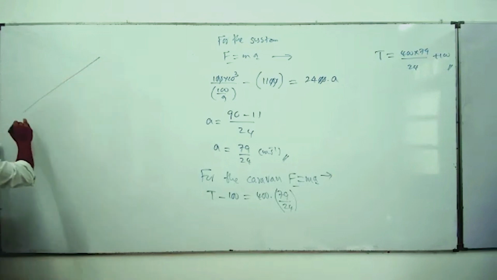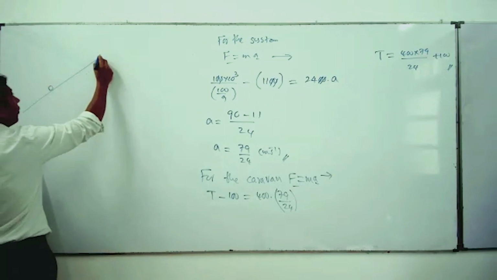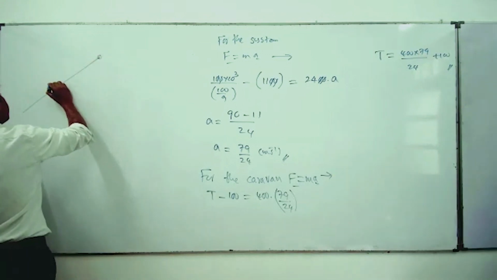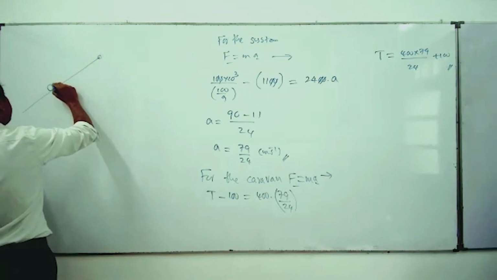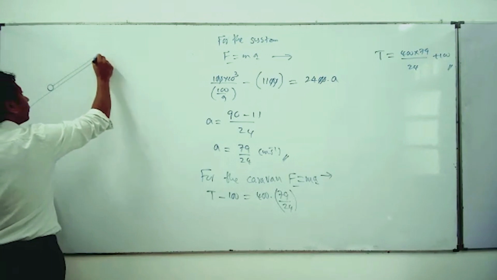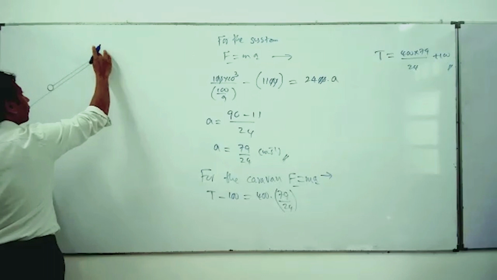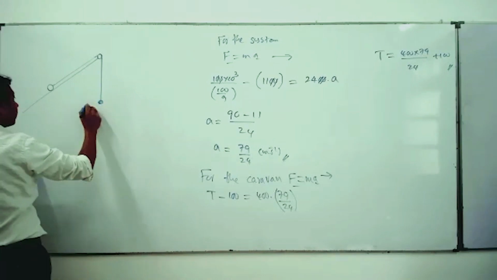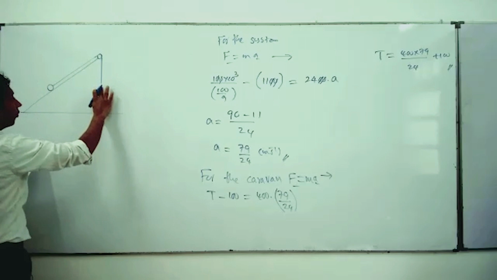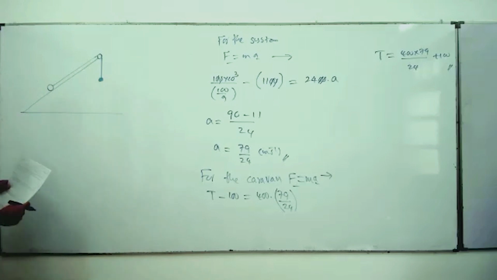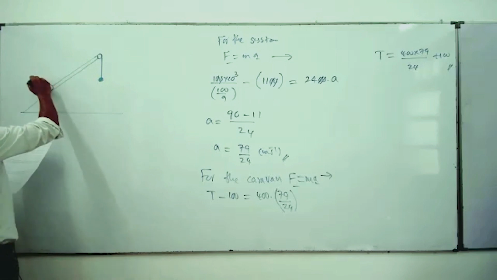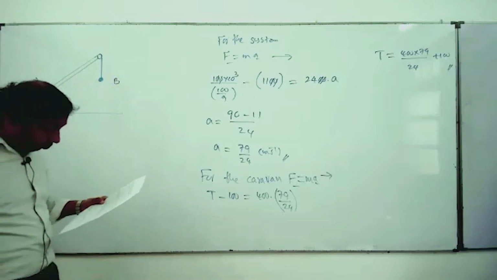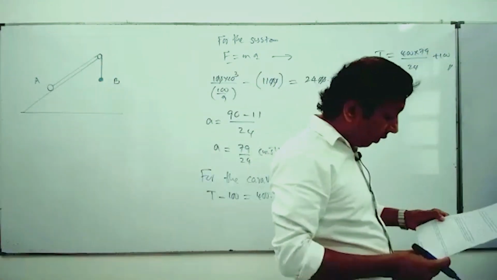Now, mass is m for each. Here A, here B. Particle A is on the plane and particle B hangs.